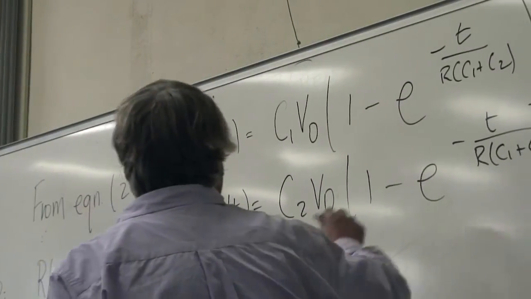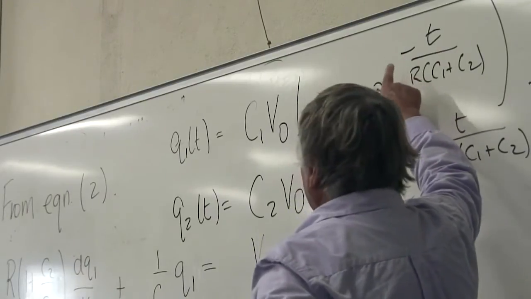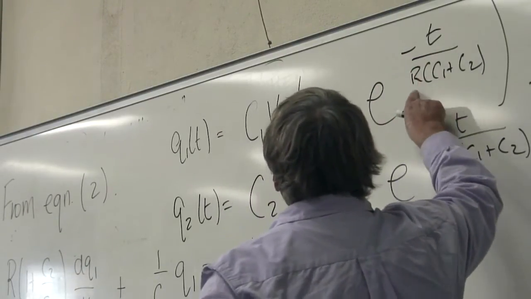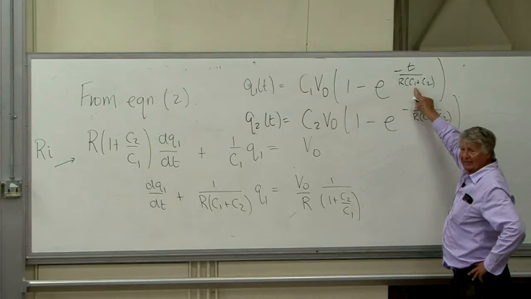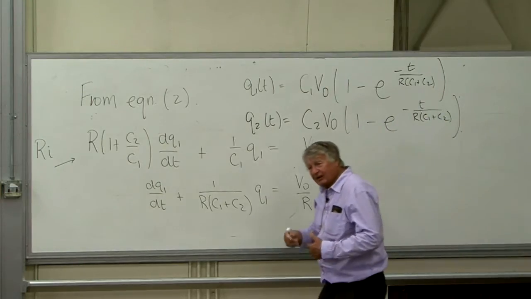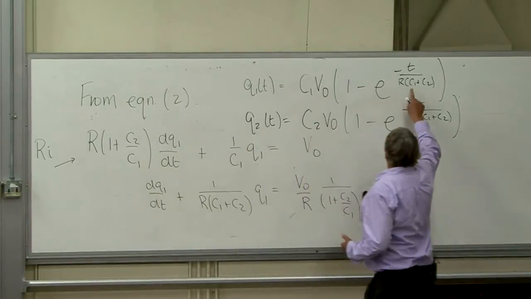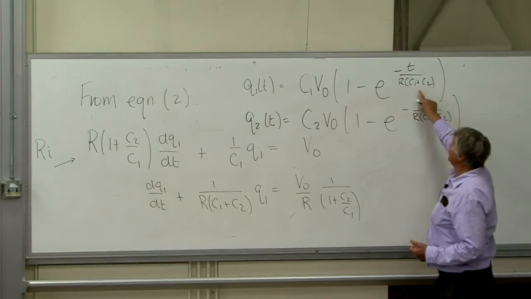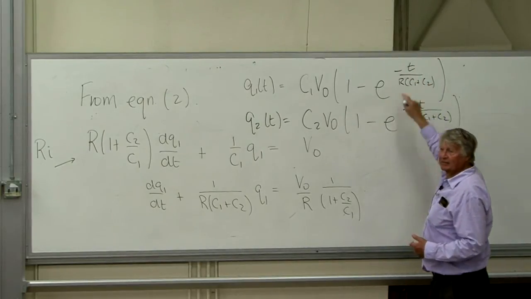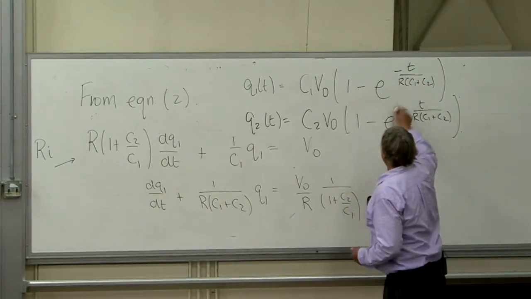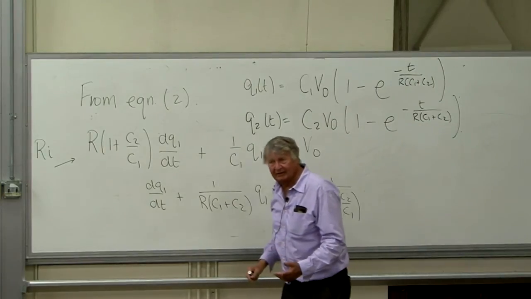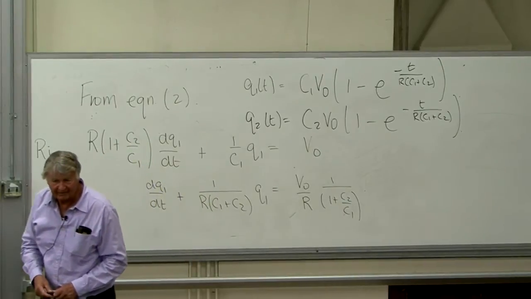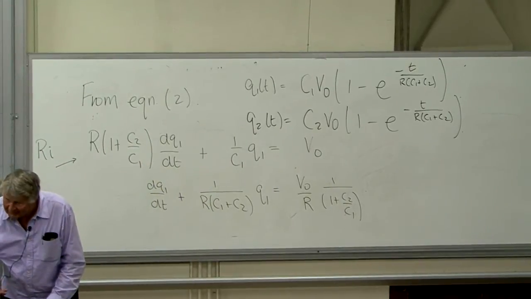When we were charging up one capacitor, it was just C1V0 times 1 minus e to the minus t over R C1. Now, with two in parallel, this C becomes C1 plus C2. So the time taken to charge up the circuit, in other words, the time for this to become negligible, is a little longer because you have the second capacitor in there. The system has had to work a little harder, right?